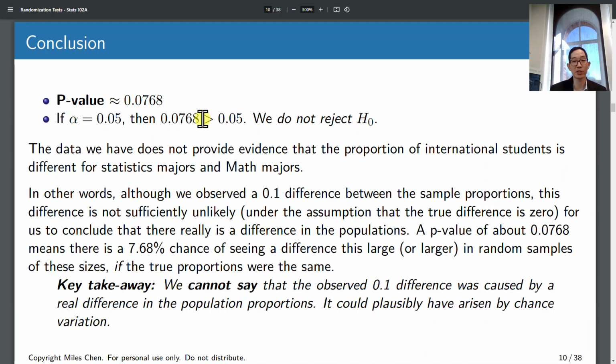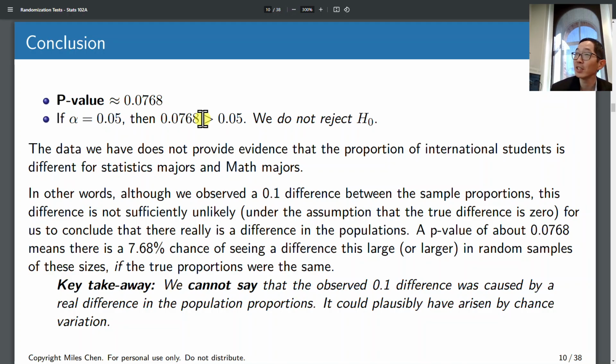in the populations. A p-value of around 0.0768 means there is a 7.68% chance of seeing a difference of 10 percentage points or larger in random samples of these sizes, if the true proportions were the same.